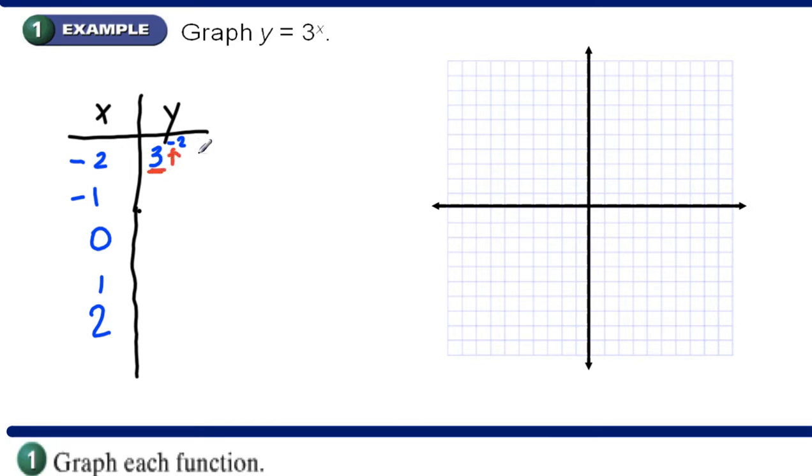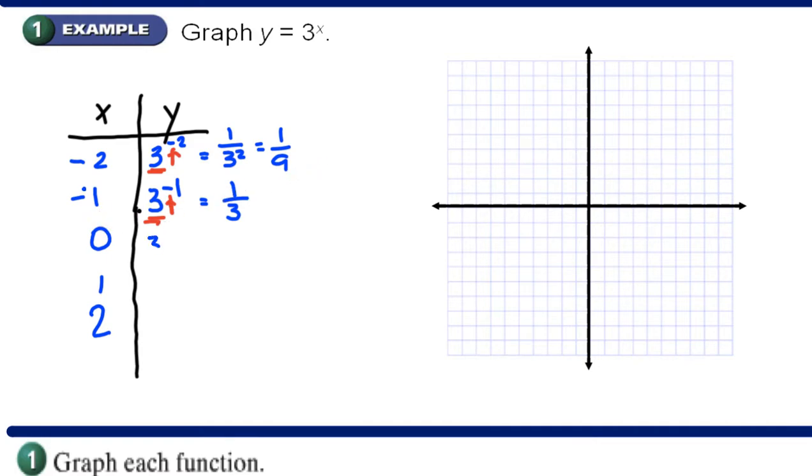So this gives me 1 over 3 squared, which is 1 over 9. The second one, we have 3 to the -1. Again, this negative tells me I need to flip my base. So that's going to give me 1 over 3 to the first power, which is just 1/3.